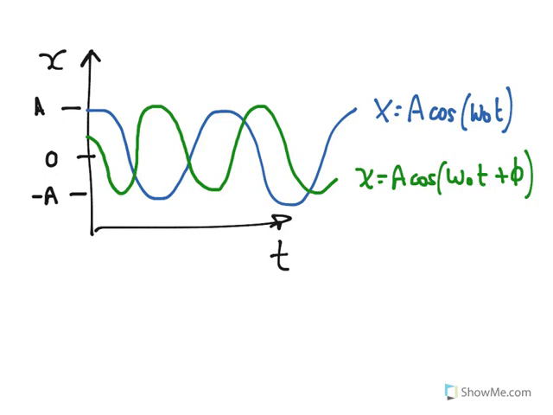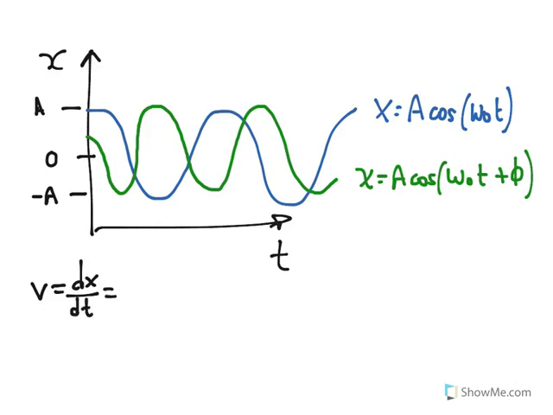Now, of course, if we have this position due to time as a cosine of whatever, then if we want the velocity, how do we get the velocity? It is the derivative of position due to time. Is it okay?